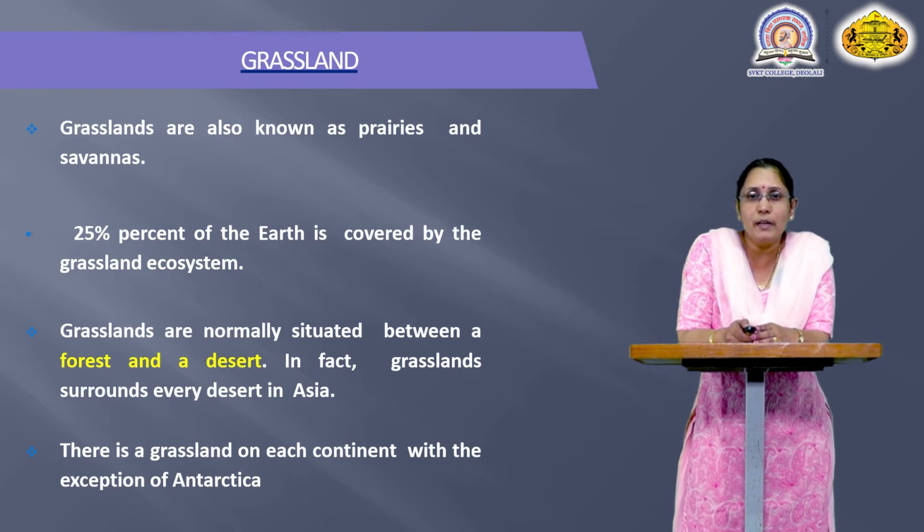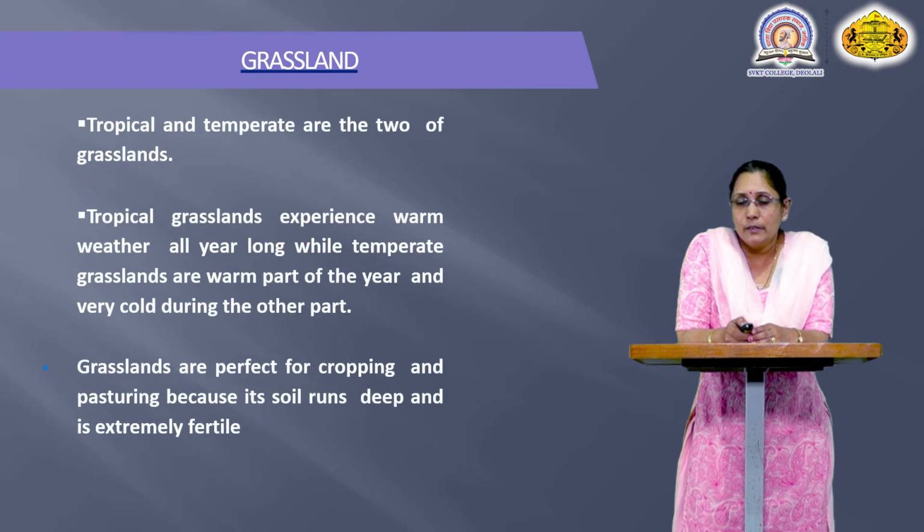Wherever the desert is there, wherever the forest is there, in that particular location grasslands are available, but not in Antarctica where too much cold is there. We know it very well. Then tropical and temperate are the two types of grassland.